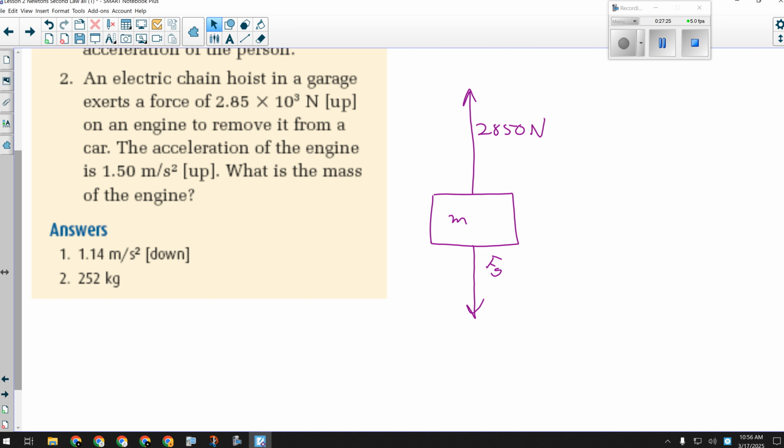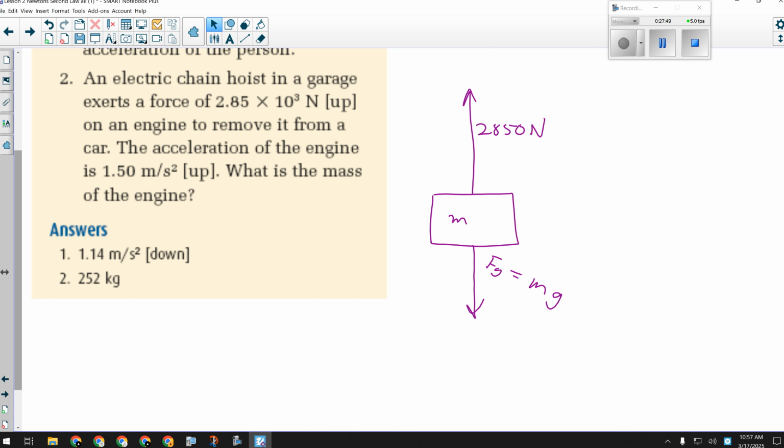Because it's moving upwards. The next thing it tells me is the acceleration of the engine is 1.50 meters per second squared up. That means this force has to be bigger than this one, right? And right now, I don't know this force because I can't calculate it yet. It's mass times gravity, and I don't know what mass is.